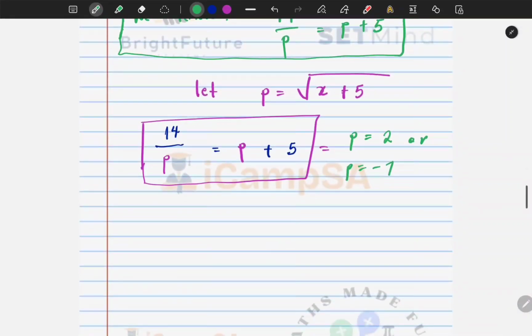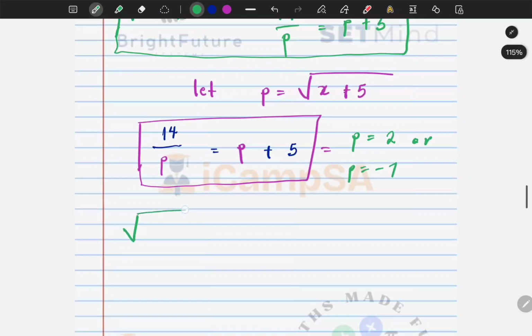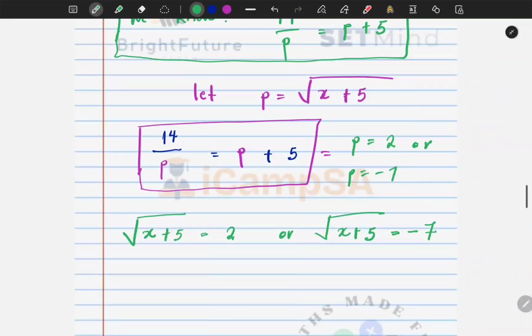So now let's do that. We are going to have the square root of x plus 5 equals 2, or the square root of x plus 5 equals negative 7. Remember, we are still solving for x.